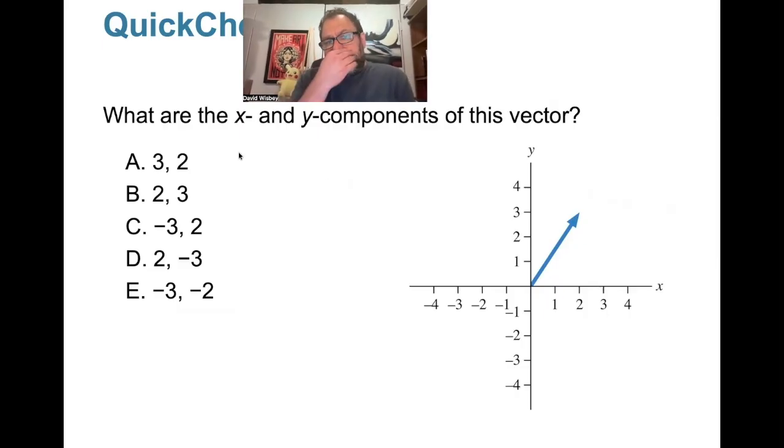This is important because you can also describe a vector as two coordinates. You could say this vector is a 2, 3 vector, 2 being on the x-axis and 3 being on the y-axis. I'm going to switch here and we'll make a drawing of this.